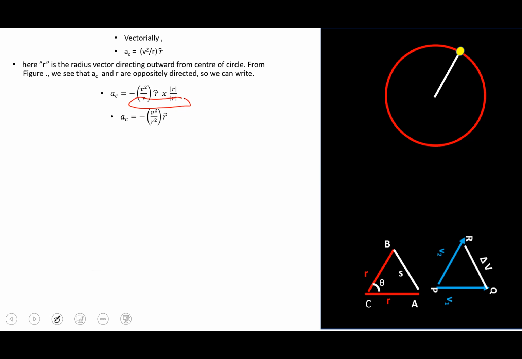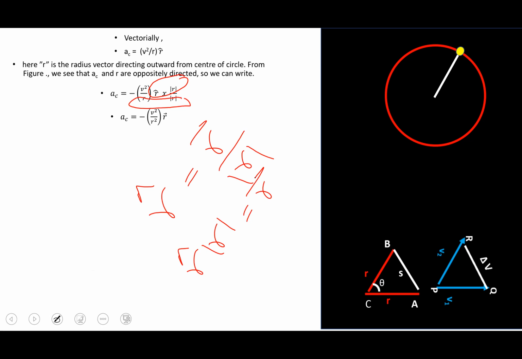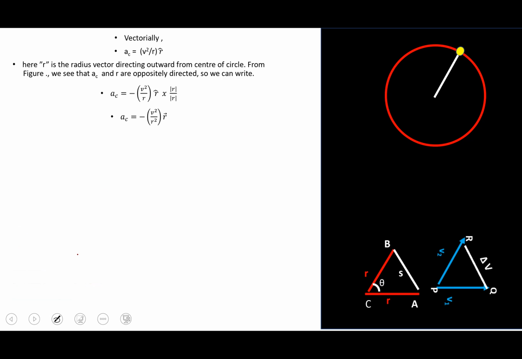These two r will multiply, they will make r square, and the unit vector r and the magnitude r, just from the formula we can say the unit vector was basically equal to the vector r divided by the magnitude of r. When this magnitude goes to the side, unit vector r into magnitude of r is equal to r vector. So instead of writing like this, we can now write it like this: v square over r square into vector r.